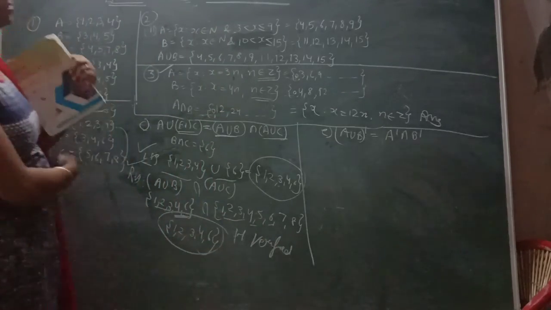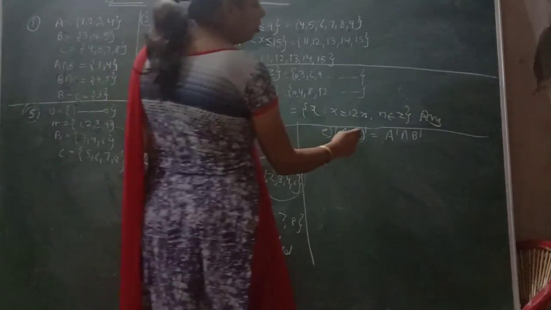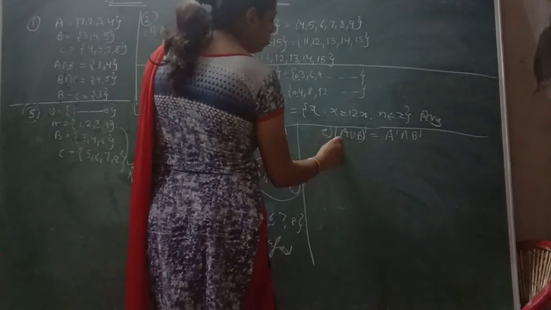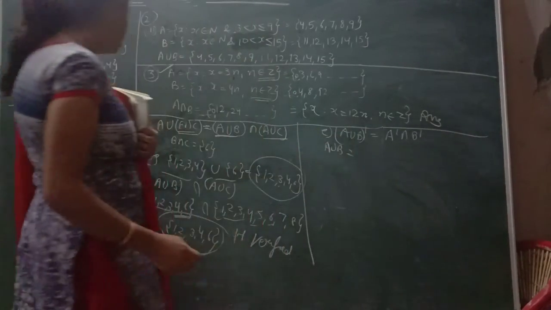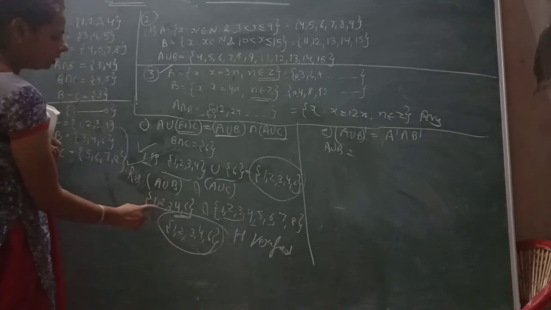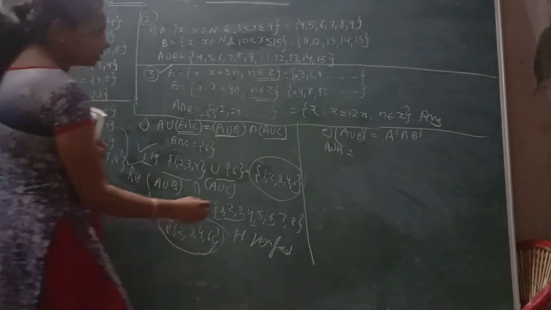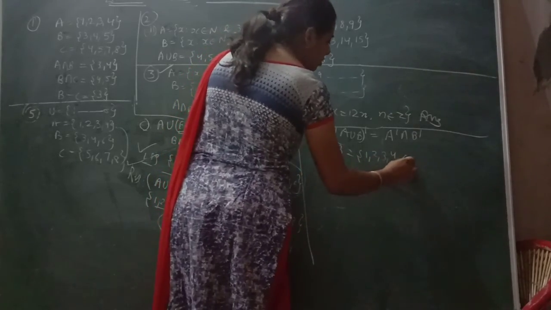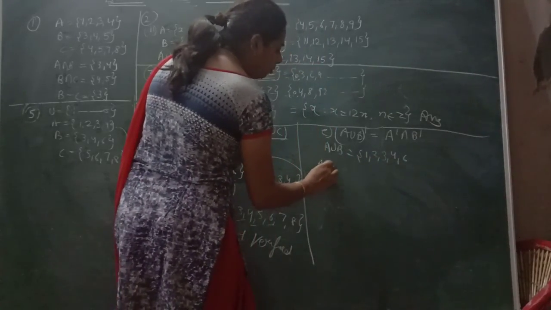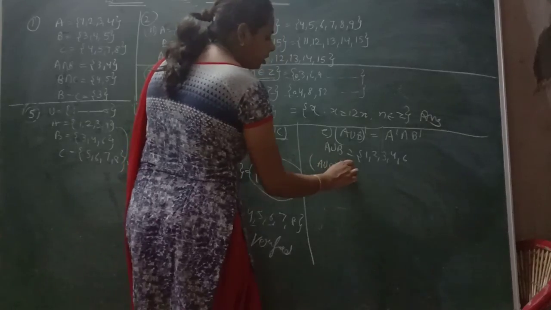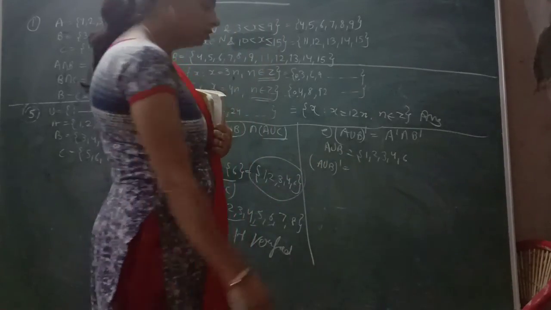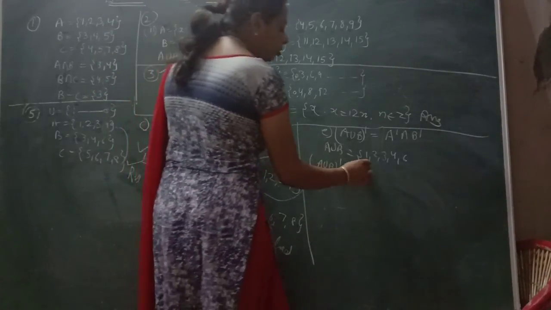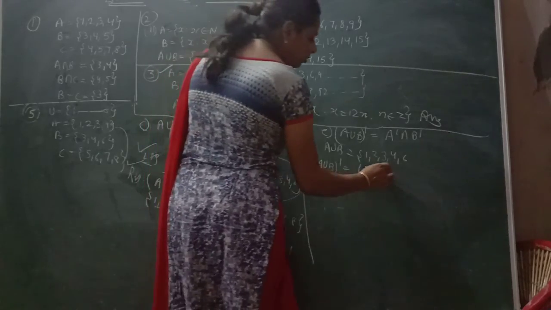Now come to the next part, where it is A union B whole complement. Firstly find A union B, as we have already got here. A union B was 1, 2, 3, 4, 6. For getting the complement, as I have already told you, you have to subtract that set from the universal set.